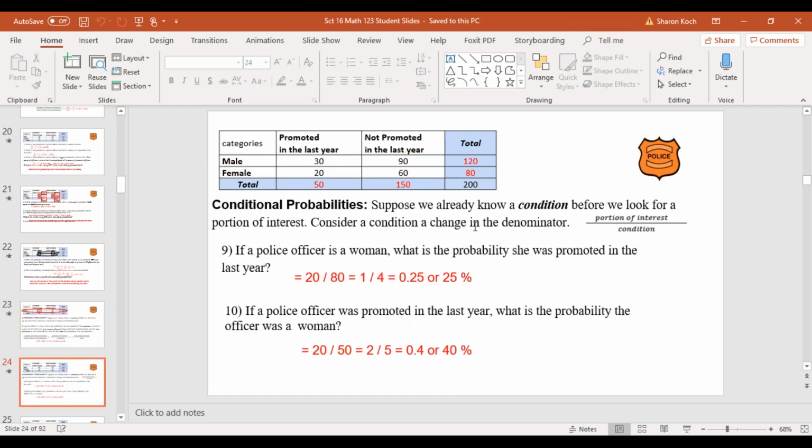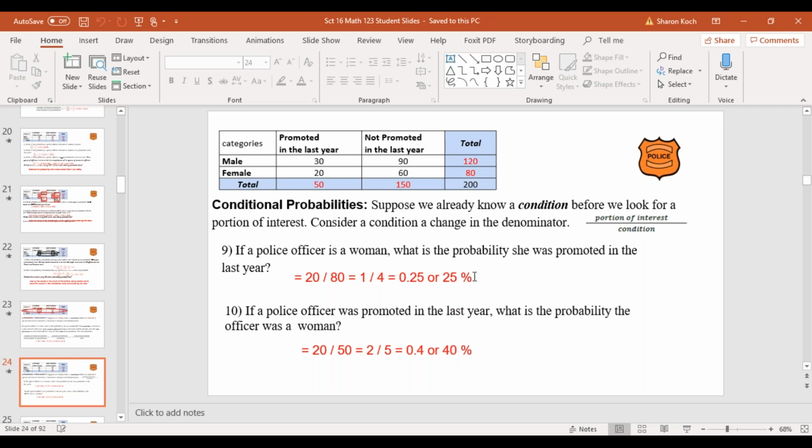Now here's another one. If a police officer is a woman, once again, they're setting up a condition. I'm only looking at the women here, so my denominator is going to be the total number of women, which is 80. What is the probability that she was promoted? In that case, that would be 20 out of 80, which is also 25%.